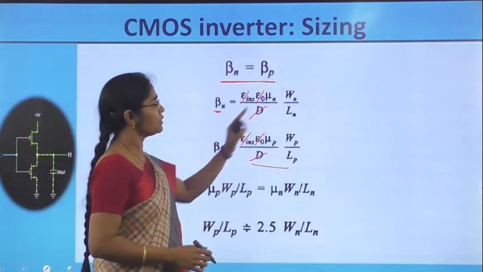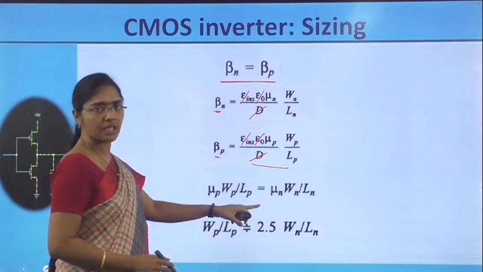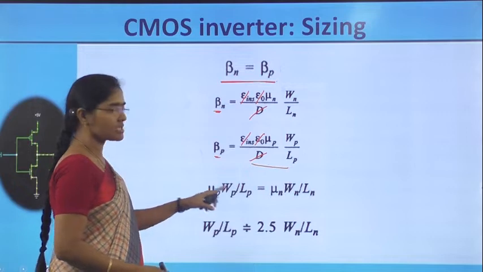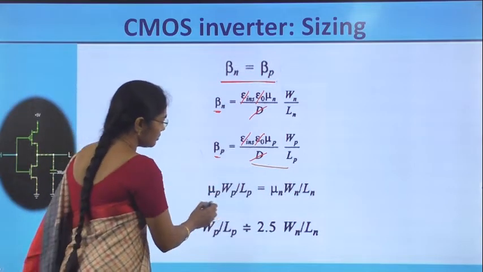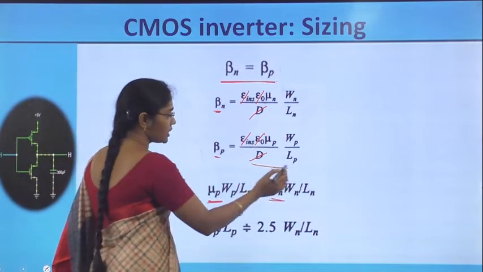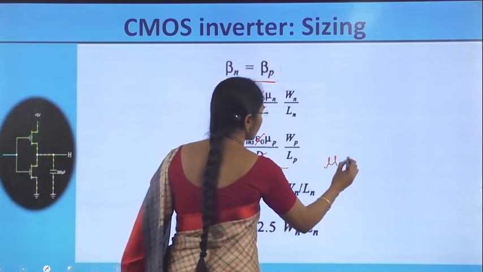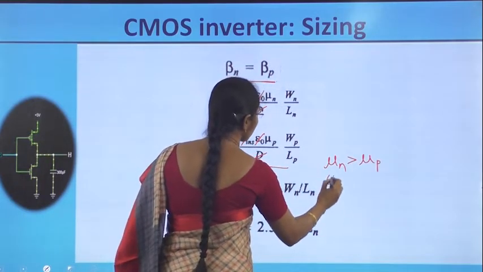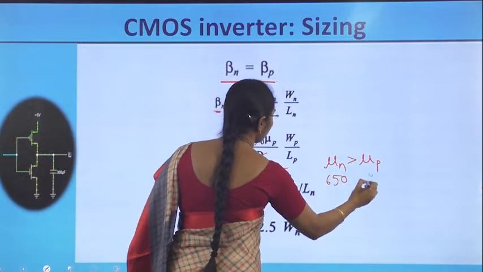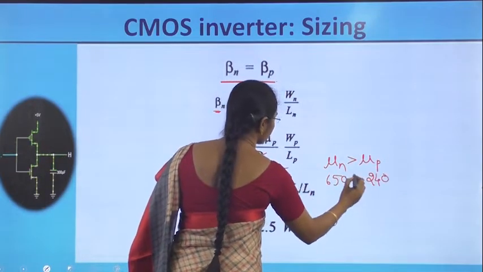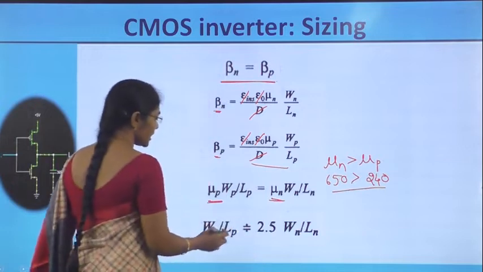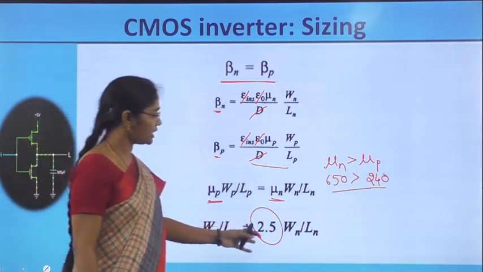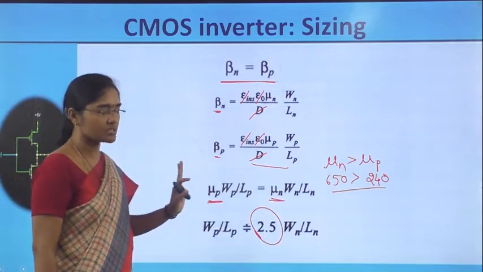Therefore, mu n Wn by Ln is equal to mu p Wp by Lp. This is the equation. Here, mu n and mu p are not equal, and mu n is greater than mu p. Mu n is approximately 650 whereas mu p is 240. So, by substituting that, we get approximately 2.5 times of NMOS.